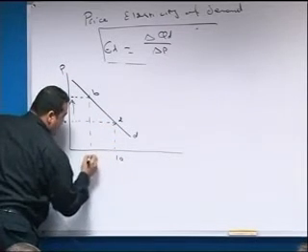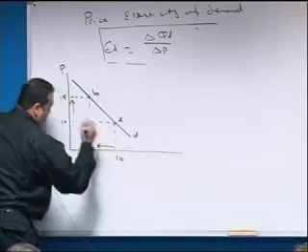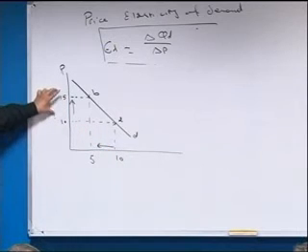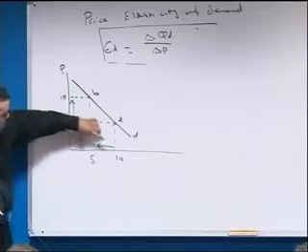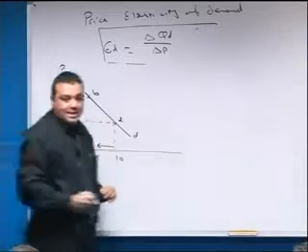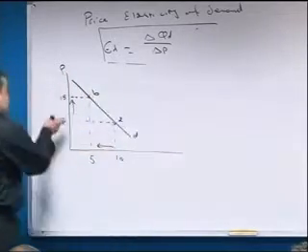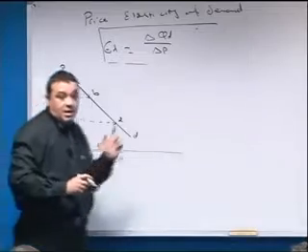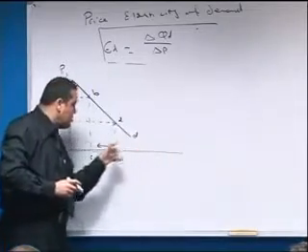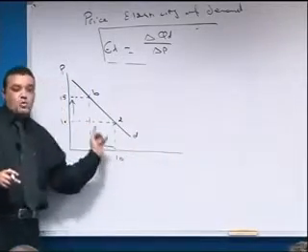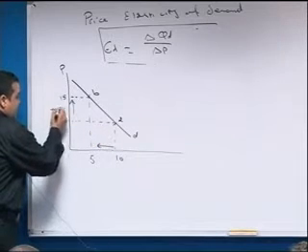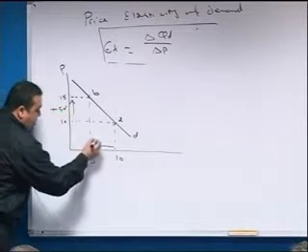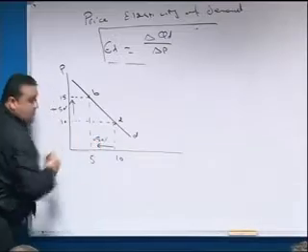The increase in the price equals the reduction in the quantity demanded. As you see, an increase by 50% in the price leads to the same reduction in the quantity demanded by 50%. So here we have an increase by 50% and a decrease by 50%.